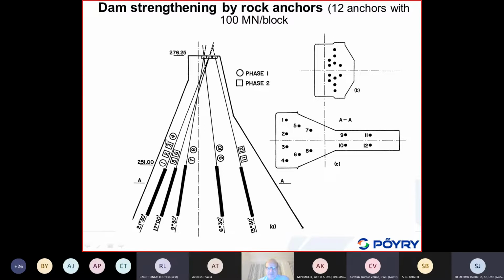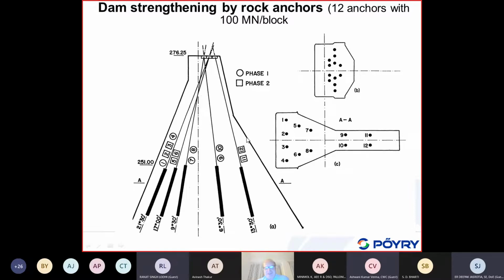But as you can see here, the cross section is quite large. So if you use 100 meganewtons, and the area here is maybe 200 square meters, if you would take a section here, the stress here would be 0.5 megapascal or 5 kilos per square centimeter.